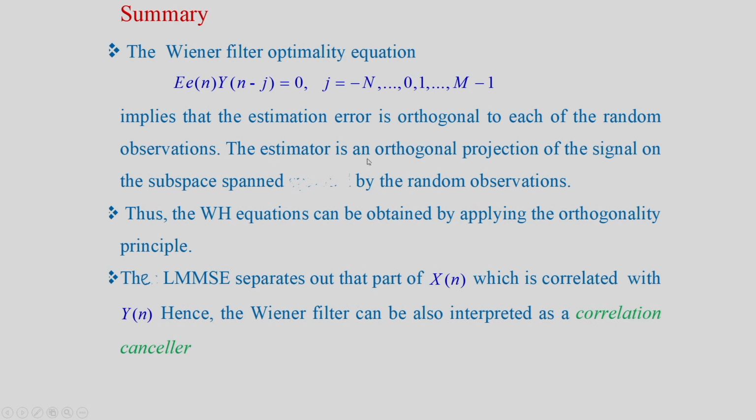The estimator is an orthogonal projection of the signal on the subspace spanned by the random observations. Thus, the Wiener-Hopf equations can be obtained by applying the orthogonality principle. We have also seen that the LMMSE separates out that part of x(n) which is correlated with y(n). Hence, the Wiener filter can be interpreted as a correlation canceller.